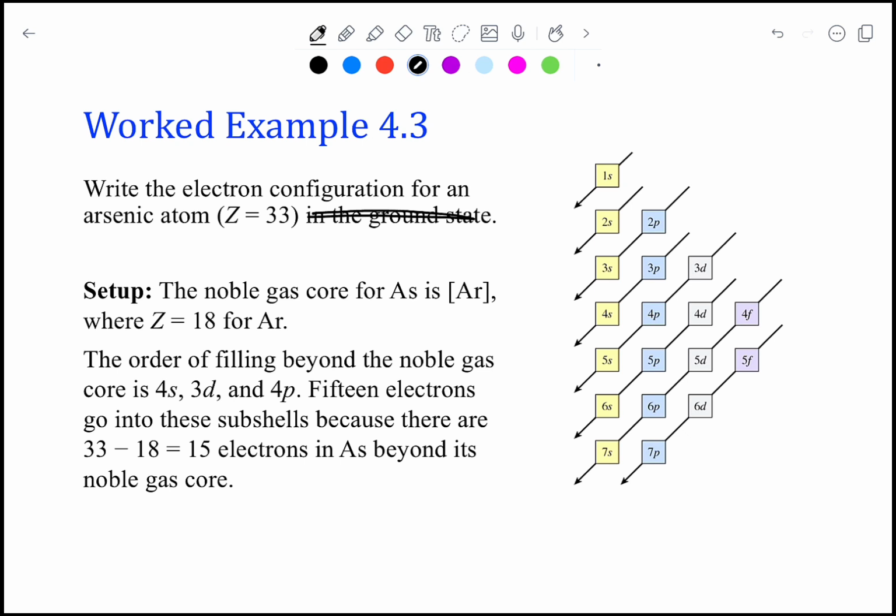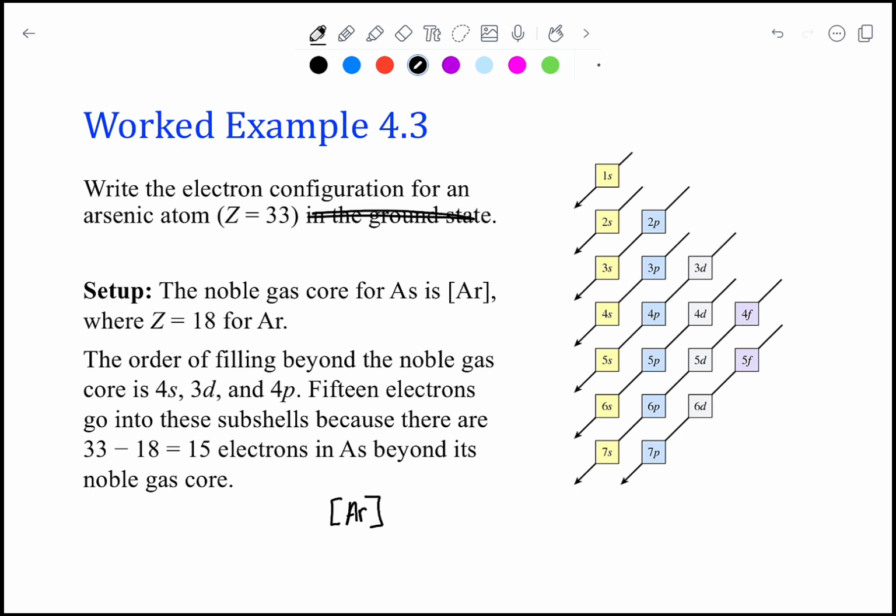So the setup for this problem, well, if we look at where arsenic is on our periodic table, the noble gas that comes before it is argon. So of the 33 electrons that arsenic has, 18 of those electrons are similar to argon. So our noble gas core is going to be Ar.